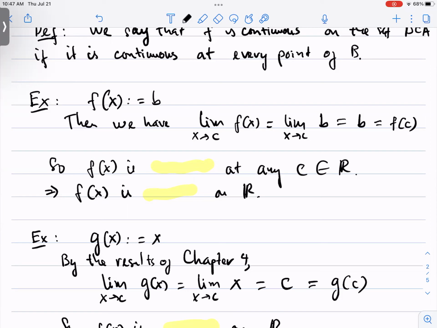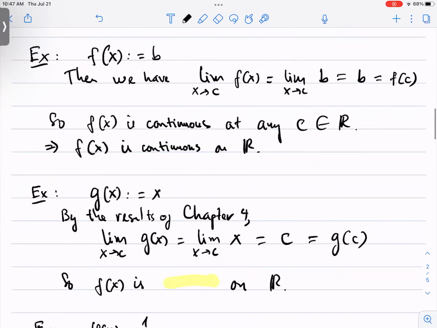So the function f(x) here is continuous at any point c in the set of all real numbers. That's why it is continuous on the set of real numbers.